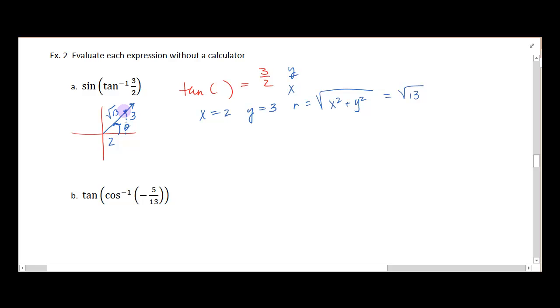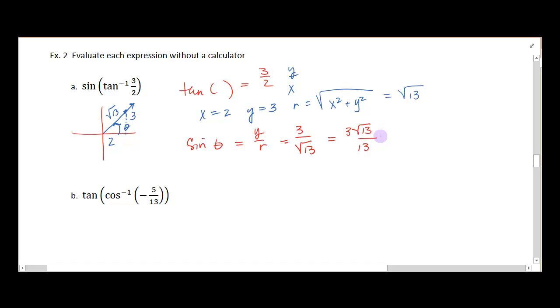Then I come in and evaluate my angle theta at sine. In other words, the sine of theta is given by the definition of our trig functions, that would be y over r, and I just found out what x, y, and r happen to be, and that becomes 3 over the square root of 13, or 3 square roots of 13 over 13 if we rationalize the denominator.